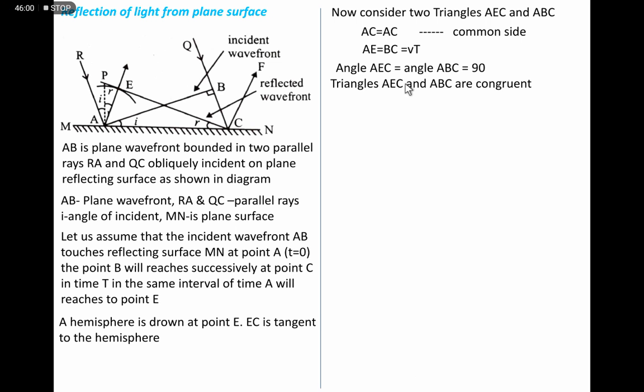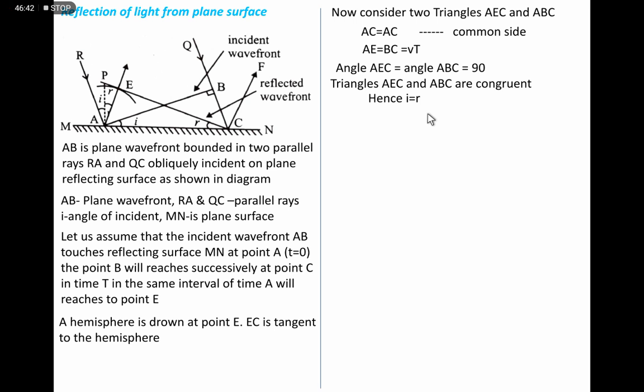Okay, 90 minus R is equal to 90 minus I. 90 gets cancelled, minus sign on both sides, so you can write I is equal to R. Remember, this step is not in my explanation, but as I explained, you can add the step over here, that is 90 minus R is equal to 90 minus I. How is it? By using the geometry of the figures. So you can write I is equal to R, and our law is angle of incidence is equal to angle of reflection.